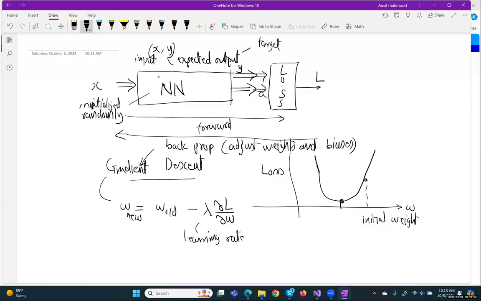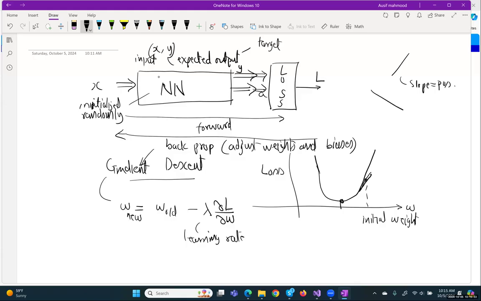So intuitively, we discussed that whenever we do a partial of one output with respect to an input variable, essentially that's measuring the slope, right? So if the slope is this way, the slope is positive, or the derivative is positive.